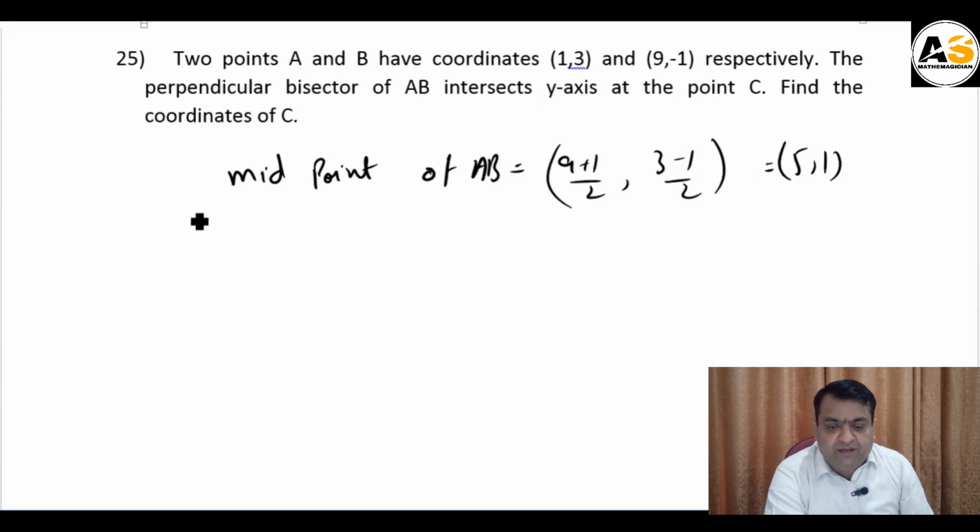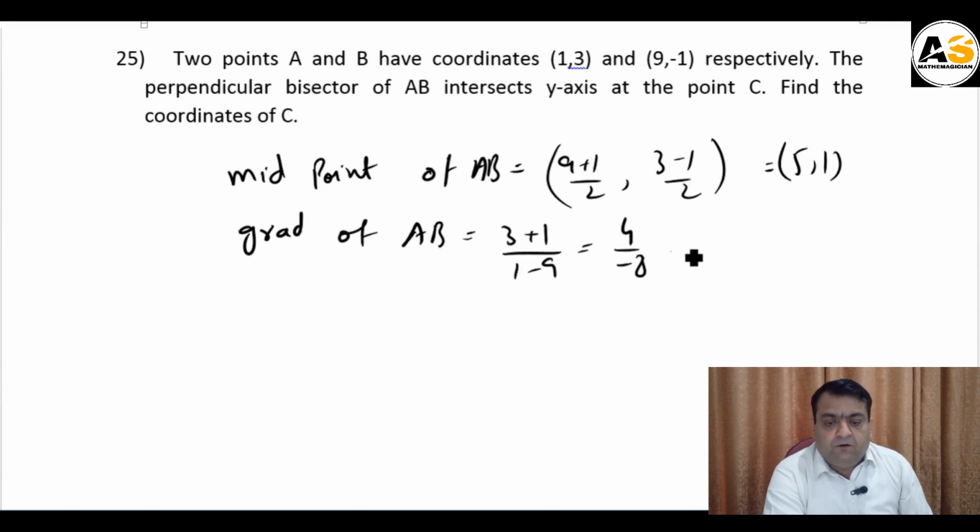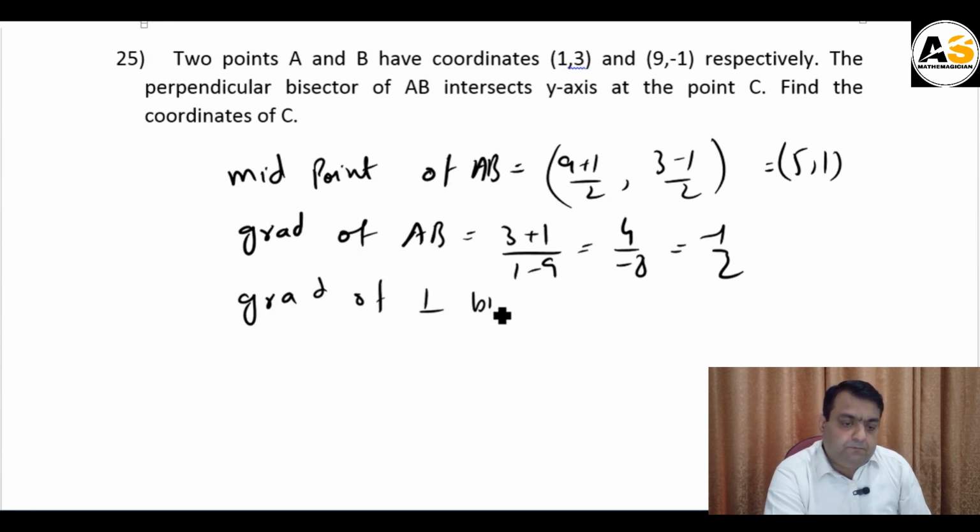What is the gradient of AB? What is the gradient of the perpendicular bisector? Negative reciprocal of minus 1 by 2.